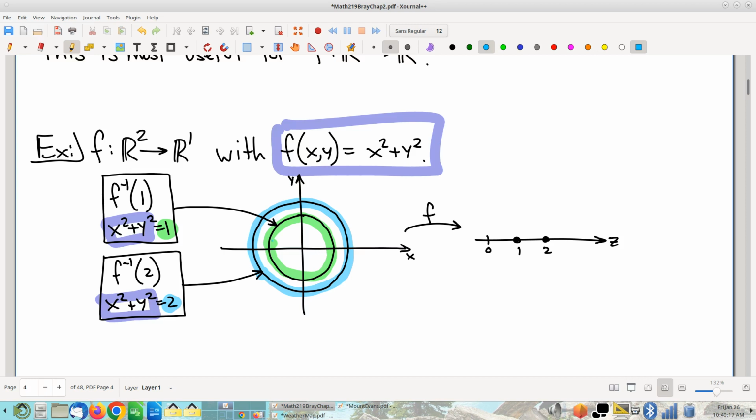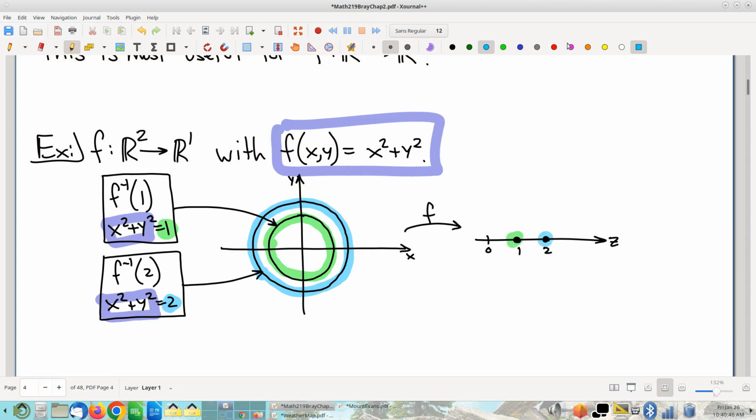Radius 1. Cool. Okay, what if we take that same function and now set that equal to a different constant value? Let's say 2. Well, that's again a circle, of radius square root of 2. Again, y'all know what that looks like. So notice then, I have pictures representing the input values that correspond to certain selected output values.